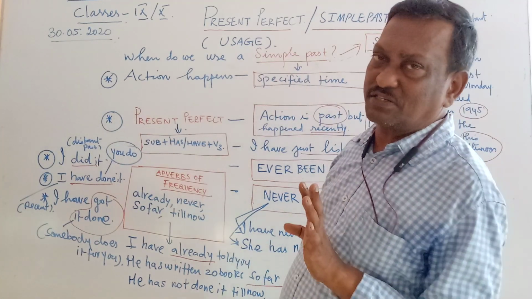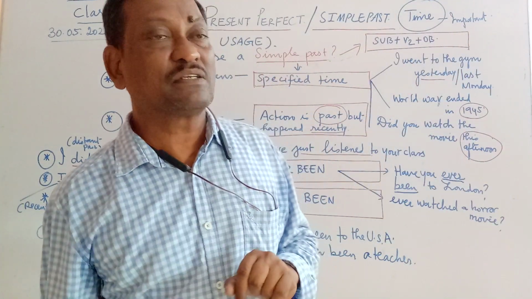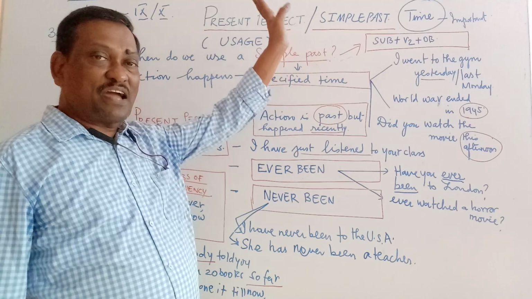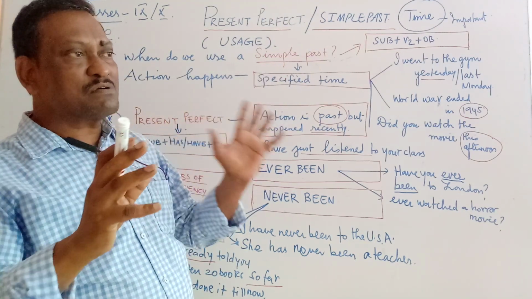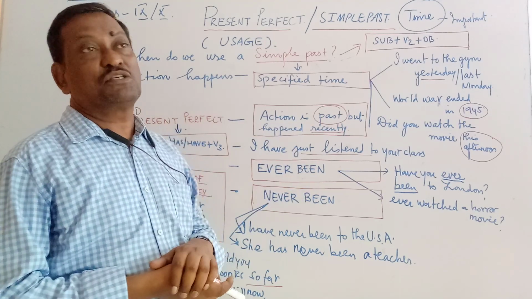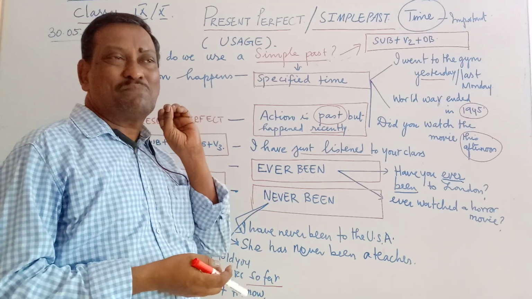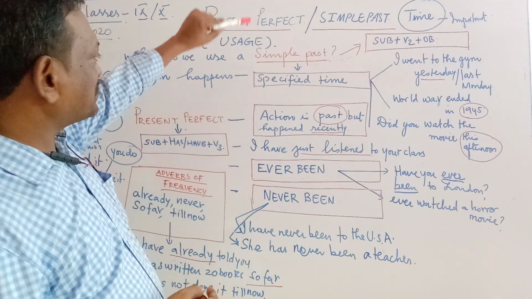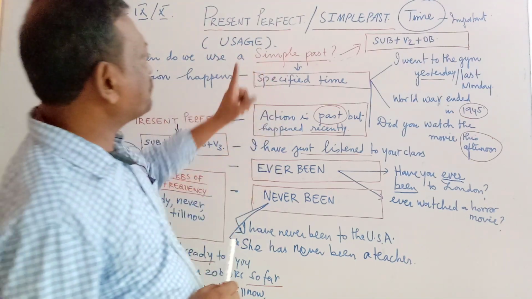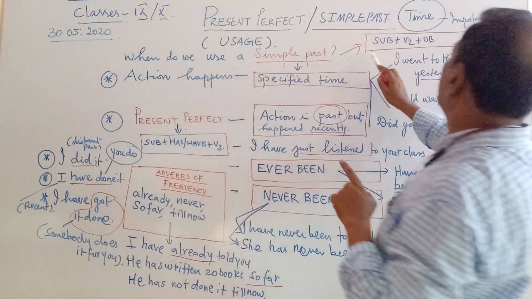Action is completed. But when did the action happen? If you want to make the action more specific, or if you want to mention the type of action clearly, then you must use a time adverb. First of all, let us get into the formula.